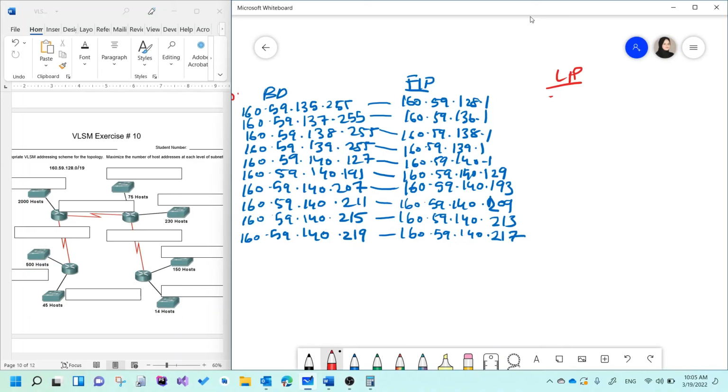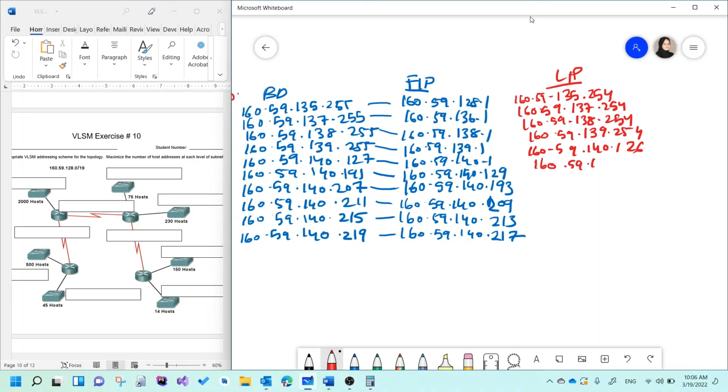So let me write the whole thing: 160.59.135.254, 160.59.137.254, 160.59.138.254, 160.59.139.254, 160.59.140.126, 160.59.140.190, 160.59.140.206, and this one would be 210.